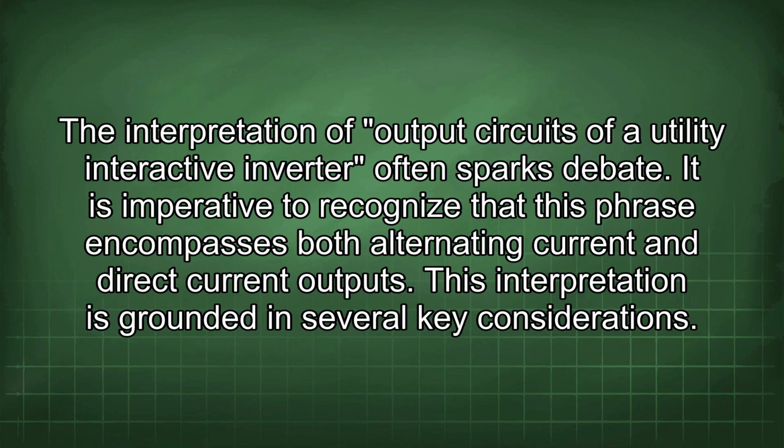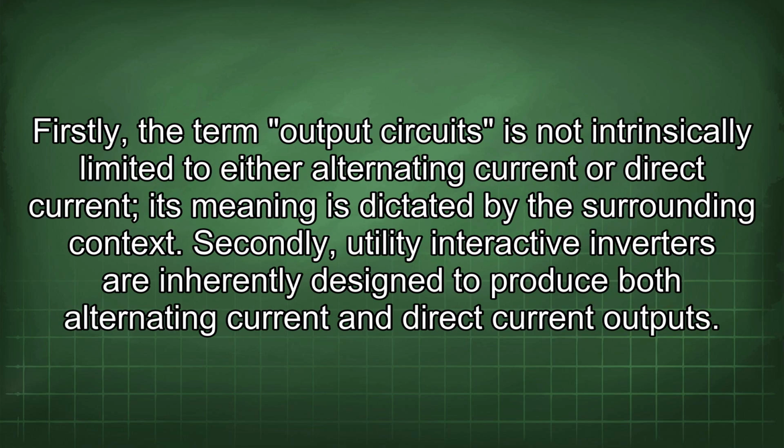The interpretation of output circuits of a utility interactive inverter often sparks debate. It is imperative to recognize that this phrase encompasses both alternating current and direct current outputs. This interpretation is grounded in several key considerations. Firstly, the term output circuits is not intrinsically limited to either alternating current or direct current.